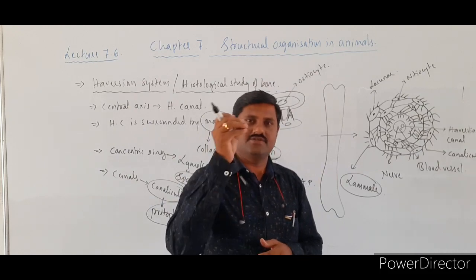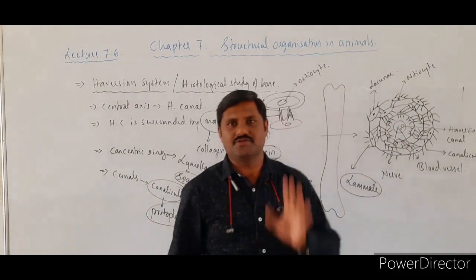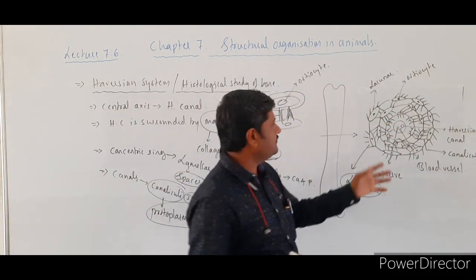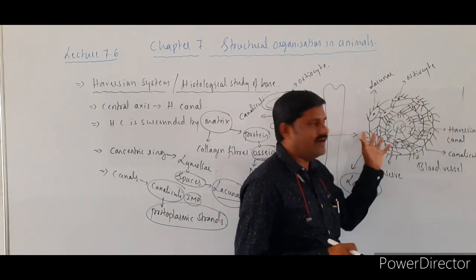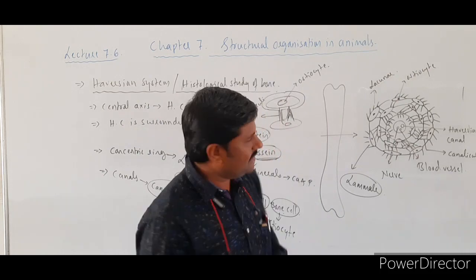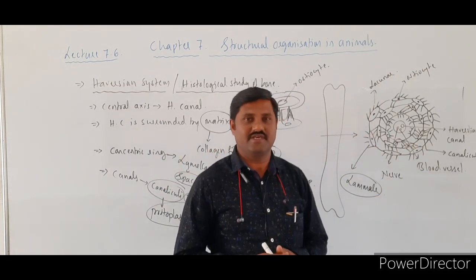Okay, in each lacuna there is an osteocyte. So all these are the things that you came to know. This forms the entire one Haversian system, right? Such kind of many Haversian systems are present over here.